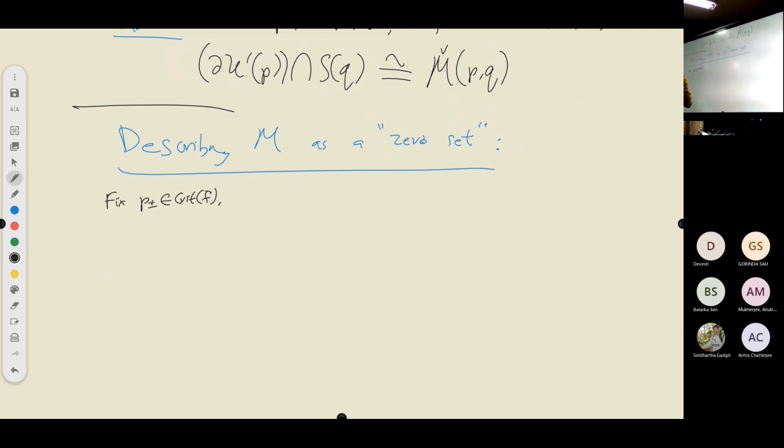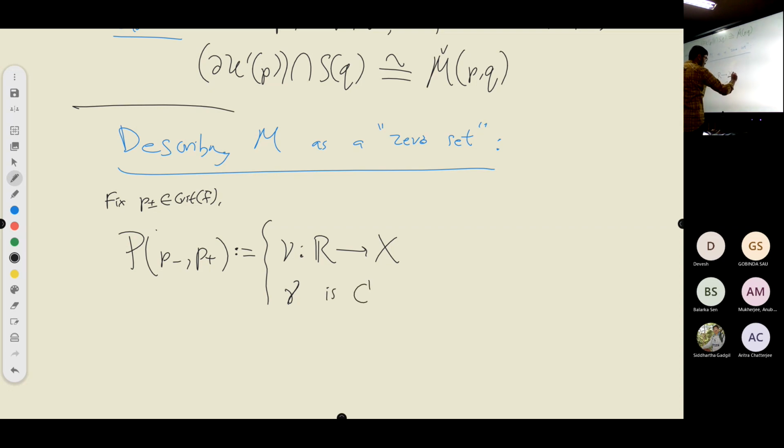Okay, so let's pick some critical points. Now we can define a space of paths from P minus to P plus, which is just going to be the C1 maps from R to X, where the limit tends to P plus or minus as t tends to plus or minus infinity.